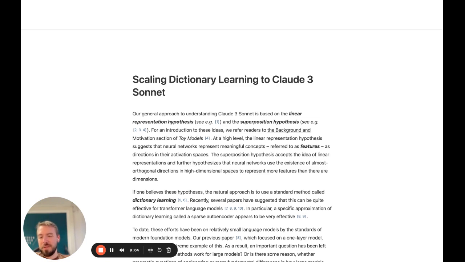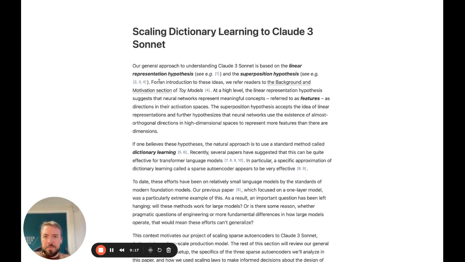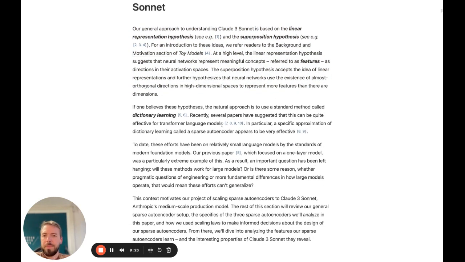If you just had completely orthogonal features like say X and Y, that's not a problem. The more dimensions you add to this low dimensional space, the more of a problem this will become. So this was basically the linear representation and superposition hypotheses.